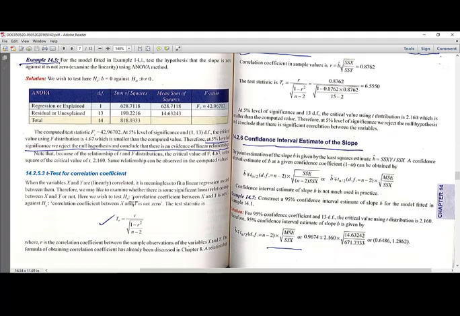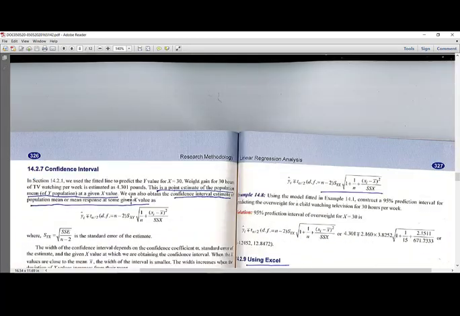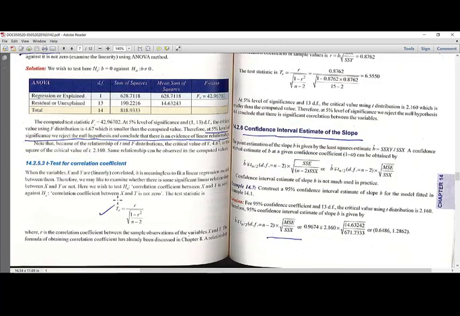Now the T-test for correlation coefficient. And for that we have this equation. When the variables x and y are not linearly correlated, it is meaningless to fit a linear regression model between them. Therefore, we may like to examine whether there is some significant linear relationship between x and y or not.